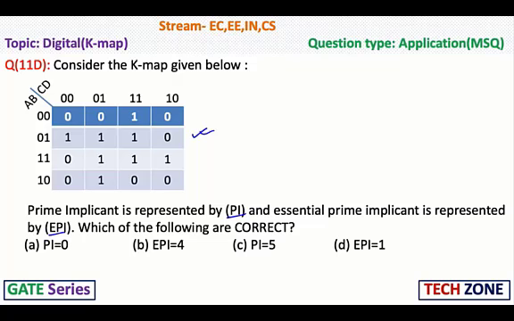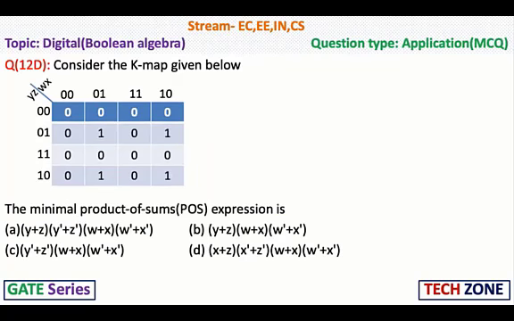And the next is, consider the K-map given below. So the K-map is given here, and the minimal product of sum, that is POS expression, is: option A, (y plus z) into (y bar plus z bar) into (w plus x) into (w bar plus x bar). Option B, (y plus z) into (w plus x) into (w bar plus x bar). Option C, (y bar plus z bar) into (w plus x) into (w bar plus x bar).